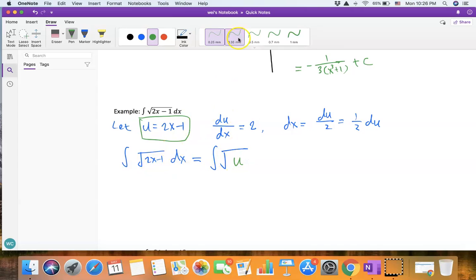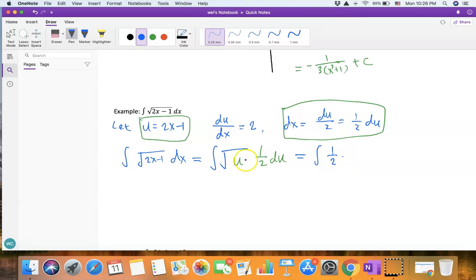And the dx, this term, is substituted by 1 over 2 du. If I rewrite this function, it will be 1 over 2 times the square root of u. We can write that as u to the power 1 over 2 du.